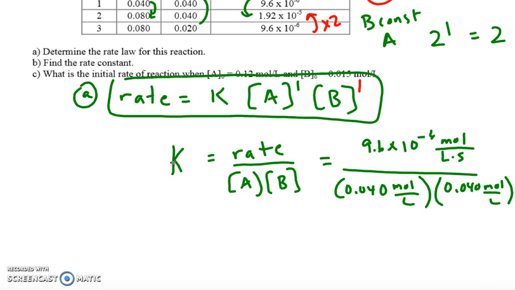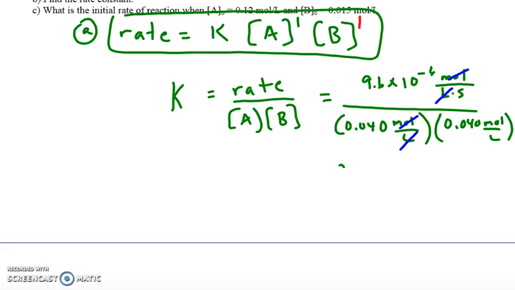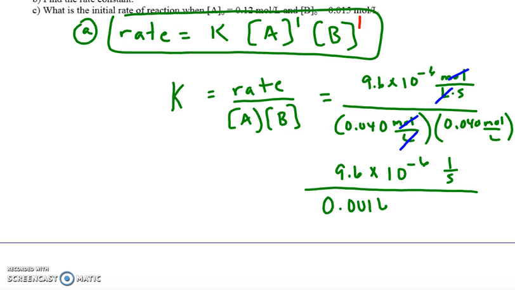Okay, and let's see what happens when we start canceling out units. Moles will cancel, liters will cancel, and when we reduce this down, we're going to get 9.6 times 10 to the negative 6 per second in the numerator. In the denominator, we're going to have 0.0016 moles per liter.